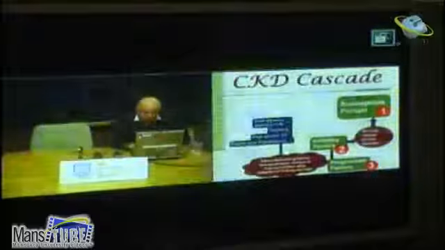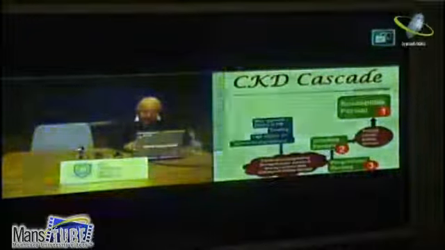So I think we need to take a step backwards as nephrologists and look at CKD in the community, which is what you started by talking about, and look at CKD in the referral hospital setting, which may be a very different type of early CKD at least.